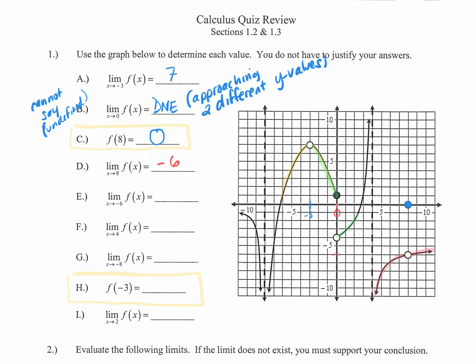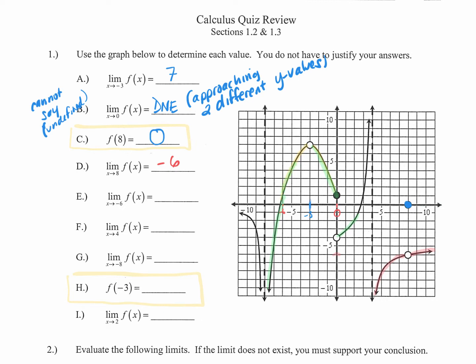All right, for E, we're finding the limit as x approaches -6. So we're over at this point on our graph, -6, right here. And we don't see any dots there, so we just want to trace with our finger. I'm going to use the highlighter tool again. We're going to come in from the left and get closer and closer to x equals -6.